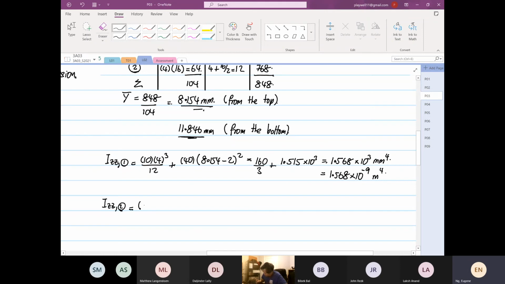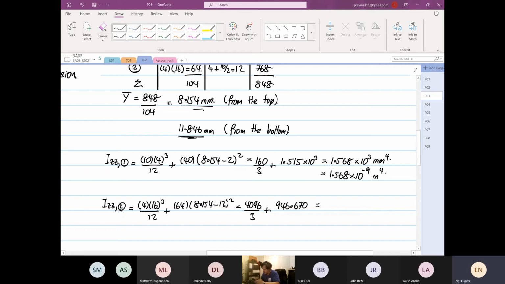Okay, so we have 4 times 16 cubed over 12 plus 64 times (8.154 minus 12) squared. So 4 times 16 to the power 3 over 12, you get 4096 over 3, plus (8.154 minus 12) squared times 64, which is equal to 946.67.